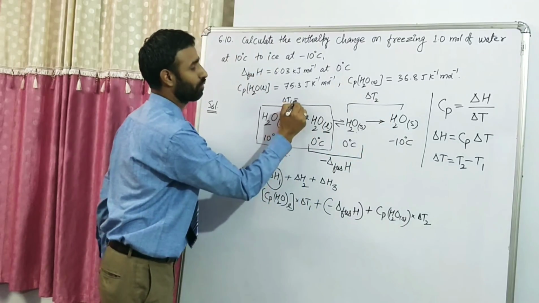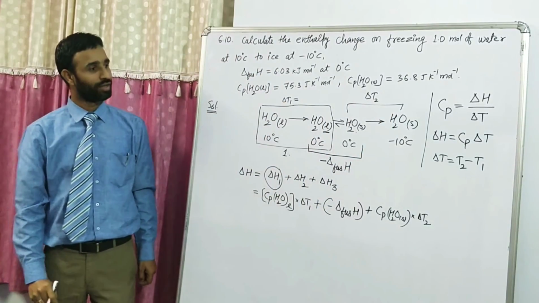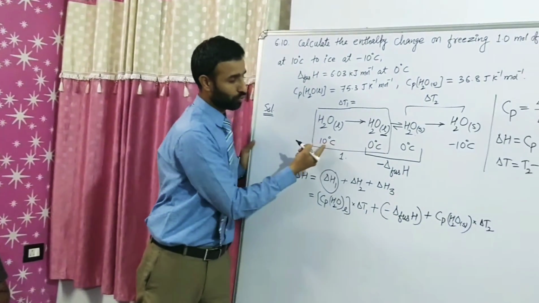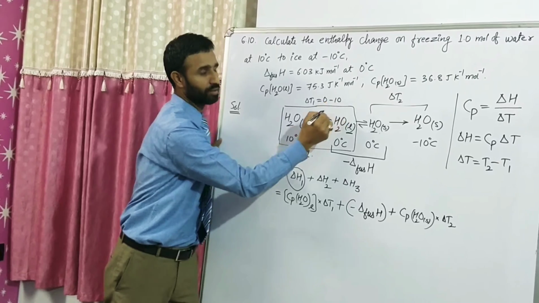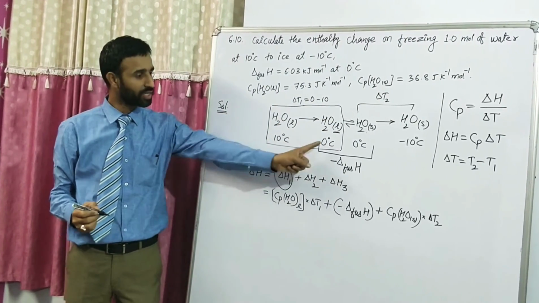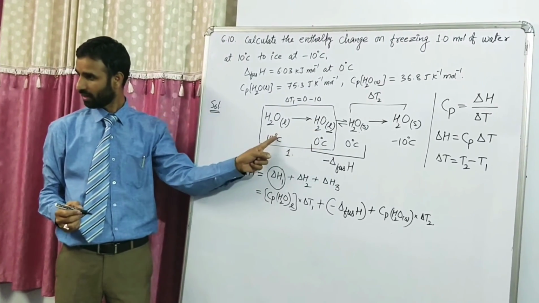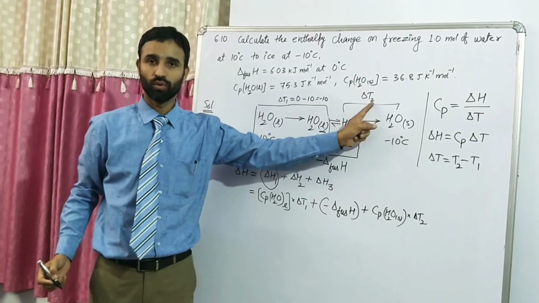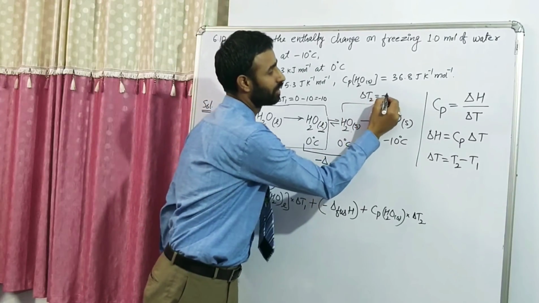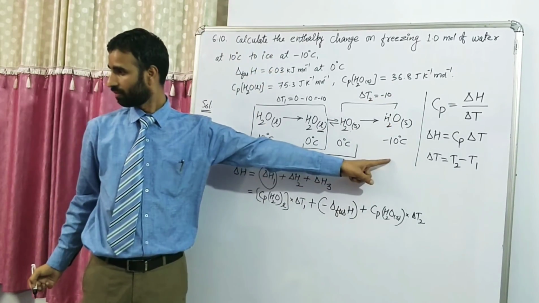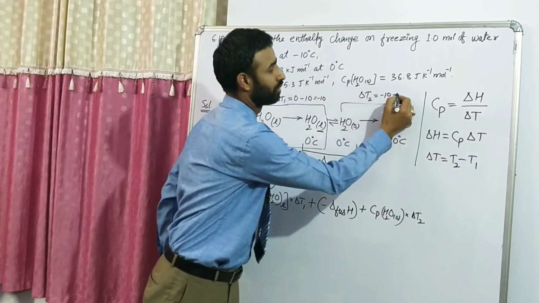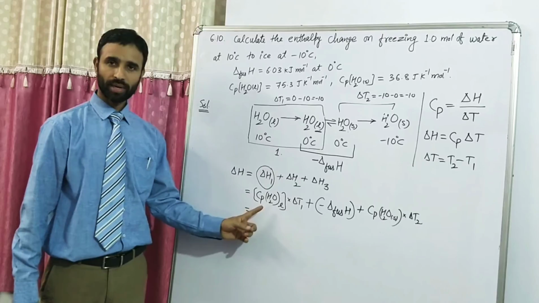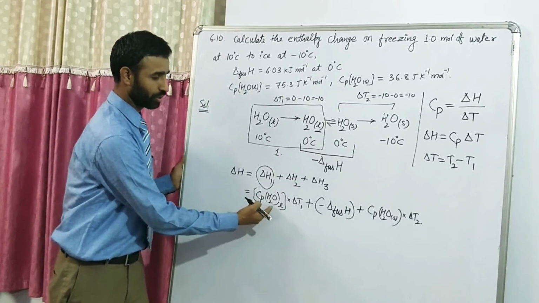What is delta T2? Final is minus 10, initial is 0. Again it is minus 10. Both are minus 10.